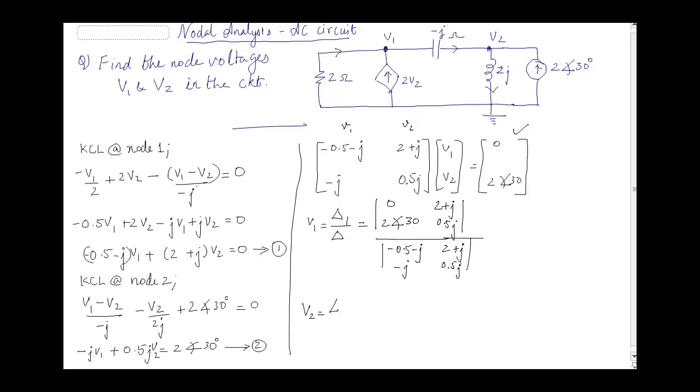Similarly, V2 is delta 2 by delta, where delta 2 is replacing the second column with the column here. So we are having minus 0.5 minus j, then replaced with 0, 2 angle 30 degrees, divided by again delta, which is minus 0.5 minus j, then 2 plus j and 0.5j.